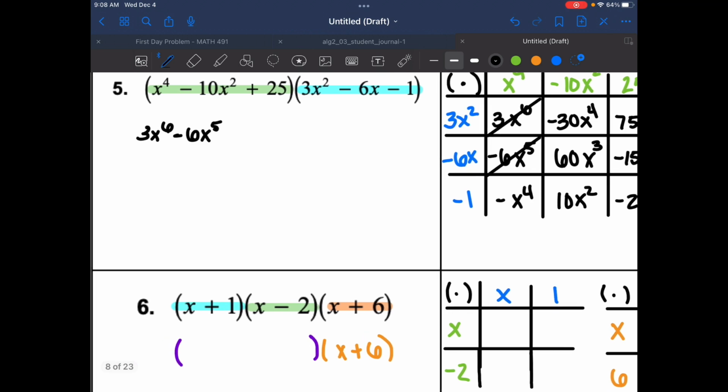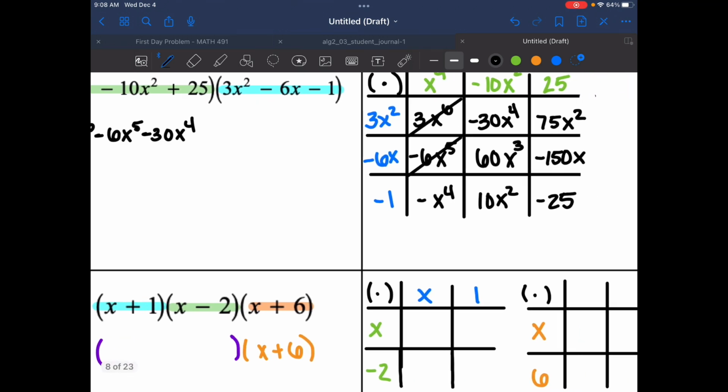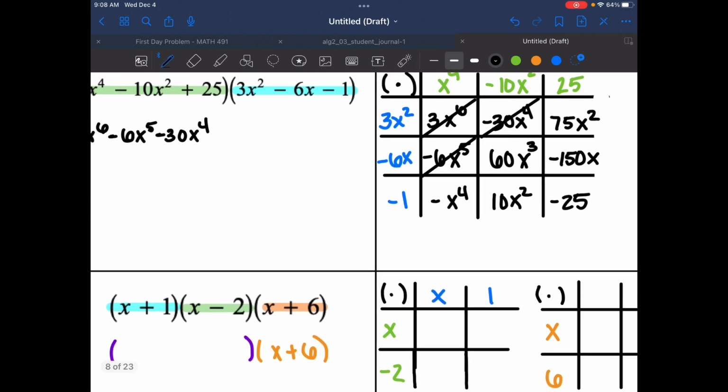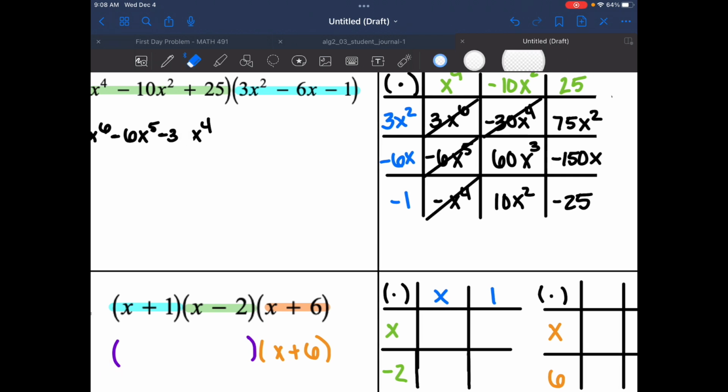So that's going to be negative 30x to the 4th. Okay. Oh, I see another x to the 4th actually. I see one down here. So I have to do negative 30 minus 1. So that would be negative 31. Okay. And so what I did was I added these terms together here. If they're the same, you add them together.